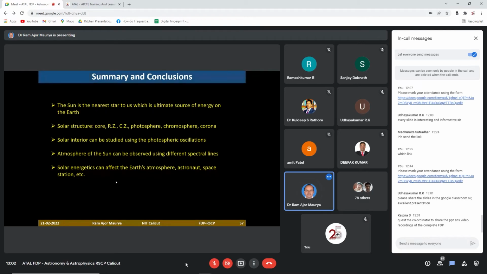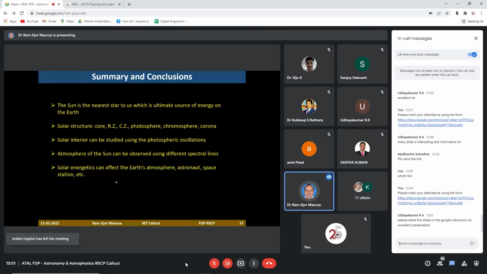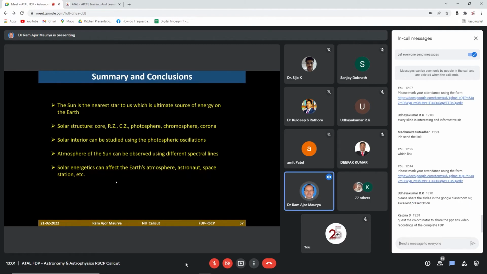This is one example of a solar eclipse, the eclipse of 1999. The moon has covered the sun entirely. The photosphere has been covered.